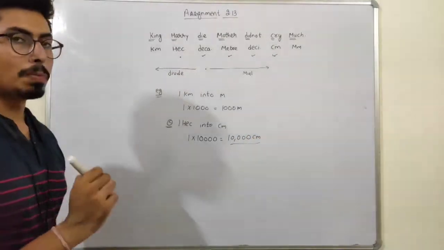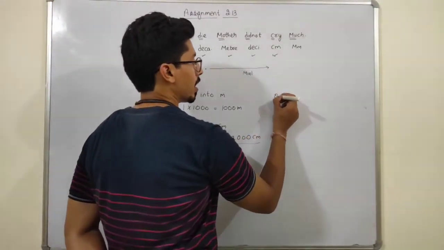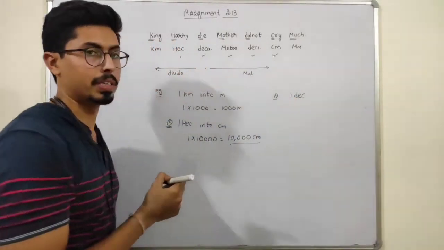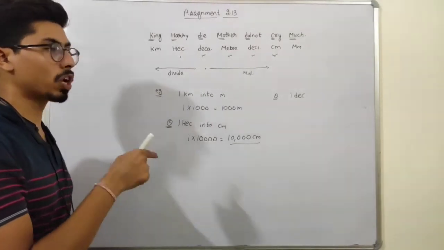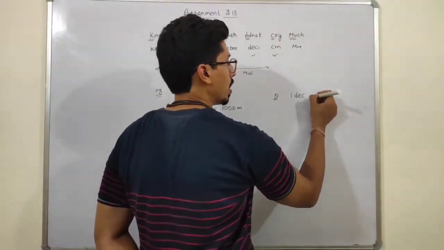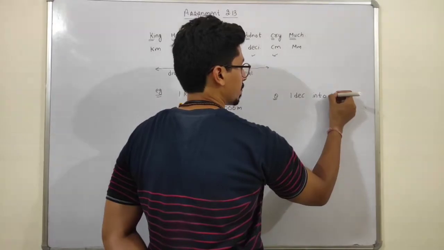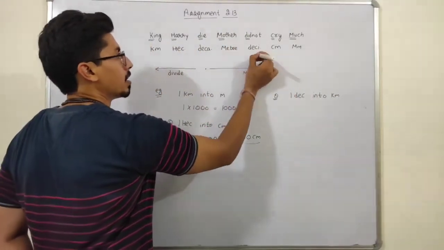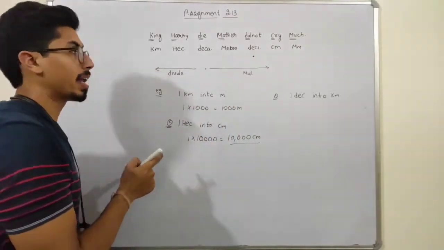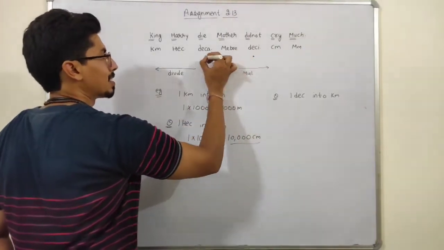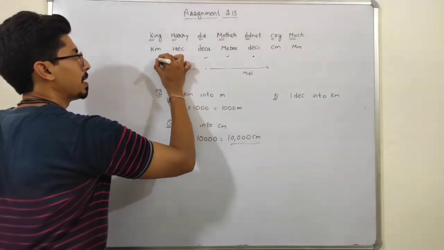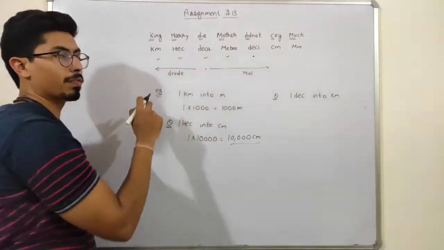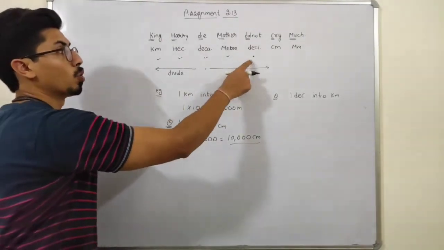Similarly, students, if I have 1 decimeter and I have to convert it into kilometer, now I am here and I have to go here. So first place, second place, third place, and fourth place. But I have to go to the left hand side.